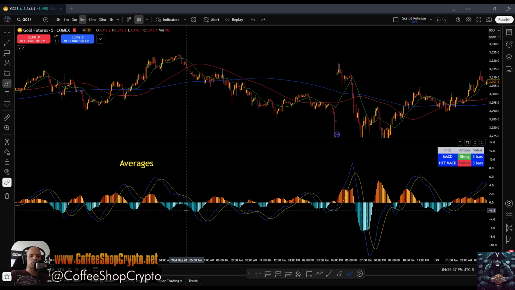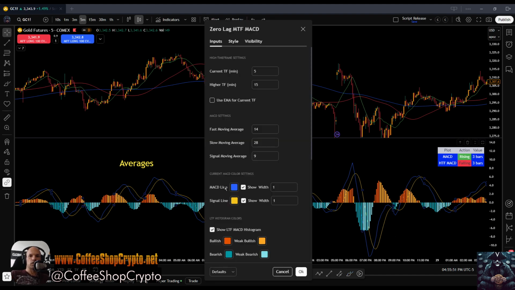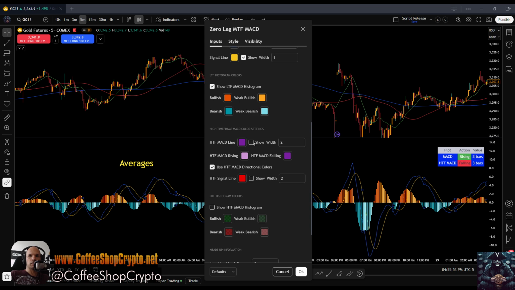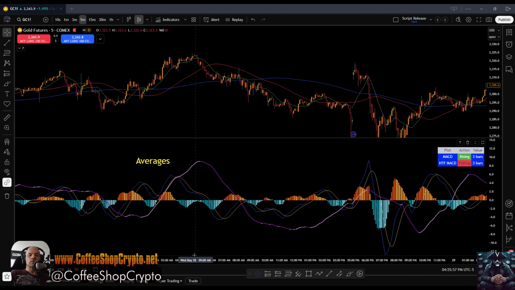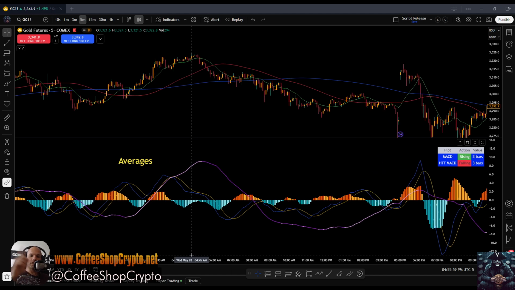Well, the divergences would actually be what's happening between your MACD and the histogram, or what's happening with the MACD current time frame and high time frame. The easiest way to see it would be what's happening with your high and low time frame. Let's put the MACD back on, right? Now, you just want to know, are they moving with each other or against each other? That's it.